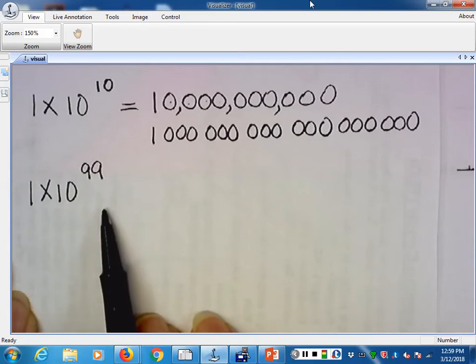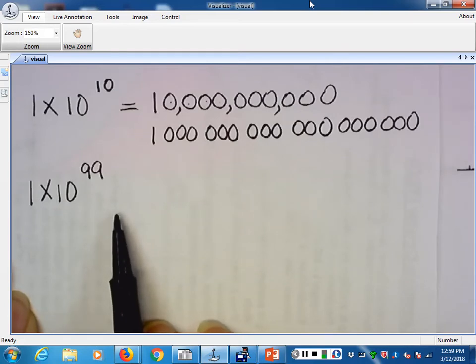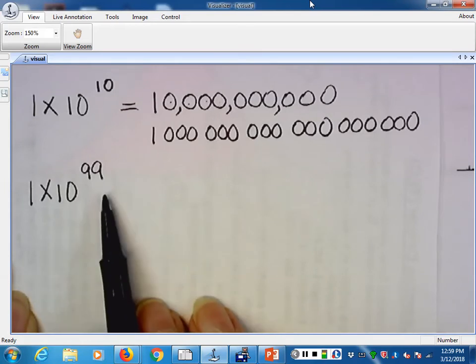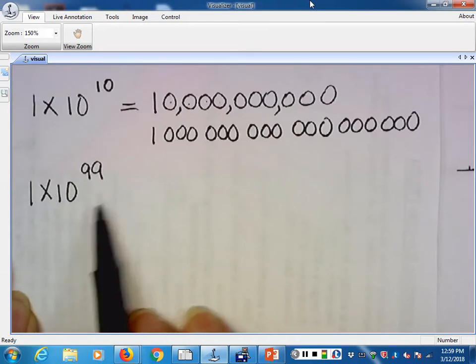Now we could always go one more and say it's 1 followed by 100 zeros, or even higher, say 1 followed by 1,000 zeros. But can you imagine anything that's bigger than that? Anything that you could actually picture in your mind? Because I can't. I cannot envision anything that's bigger than that amount.